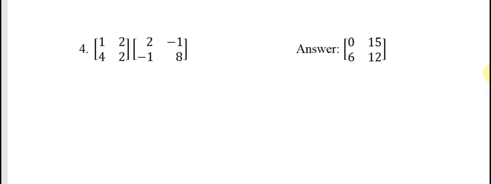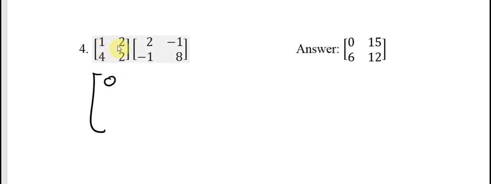Okay. So let's check this one. They have the same sizes, 2 by 2, 2 by 2. So we do the 1 times the 2 is 2. First row times the first column. So that's a 2 plus a negative 2, 0, right?